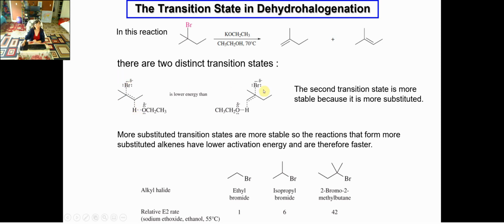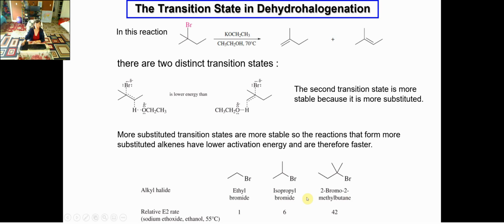These 2 different compounds are going to be formed, and then you are going to generate some hindrance. This second transition state is more stable because you have more substituents. The more substituents you have, the more stable the product. If you have lower activation energy, that direction is going to be more favorable.